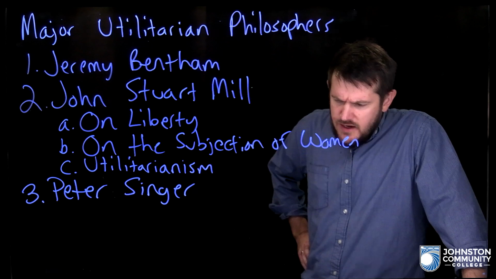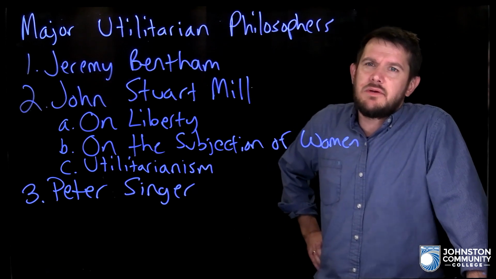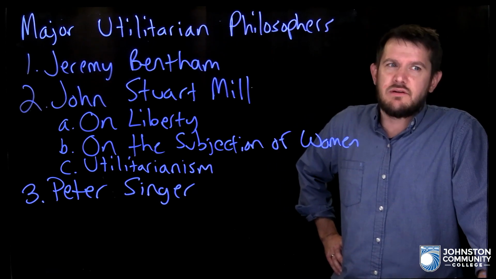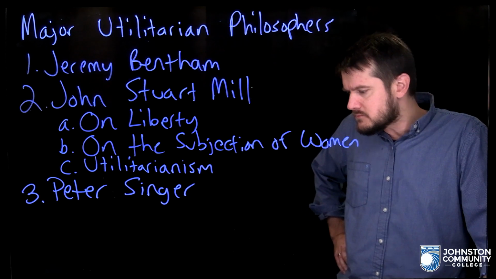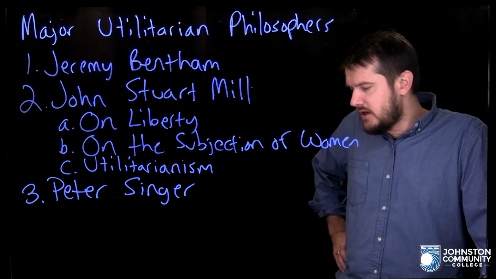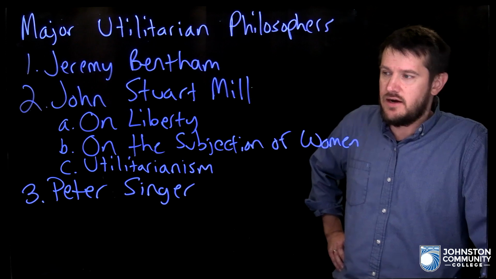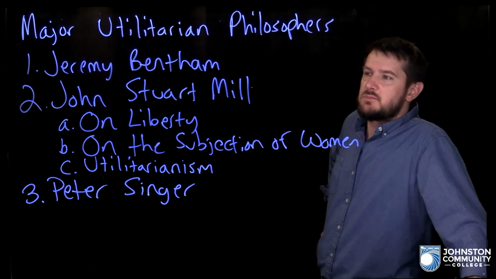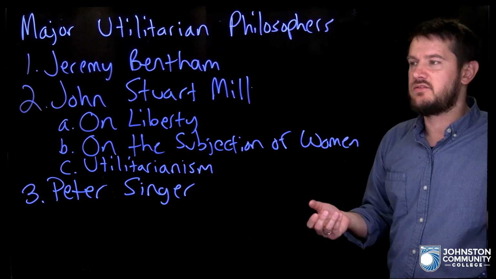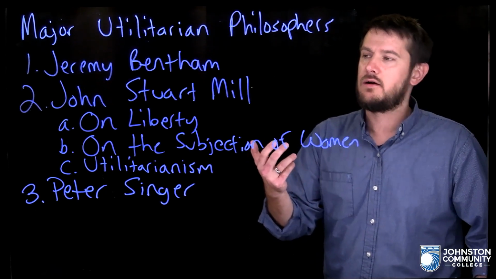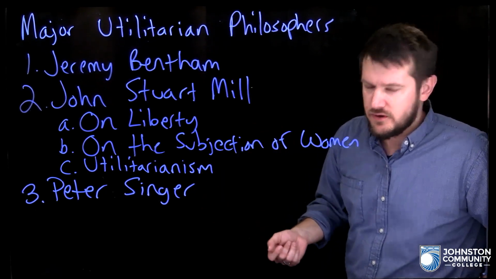Peter Singer has, I would say, a legitimate claim to being one of the most influential living philosophers, at least moral philosophers. And he's a thoroughgoing utilitarian. In fact, his influence speaks to the enduring influence of Bentham and Mill, that a philosopher as prominent as him is still defending their consequentialist moral theory.